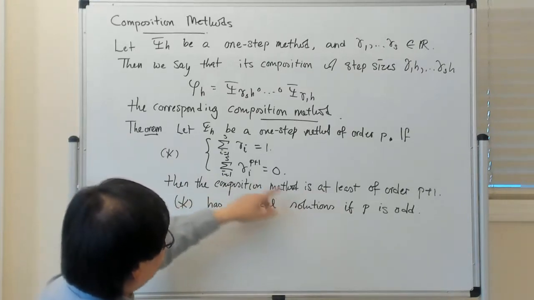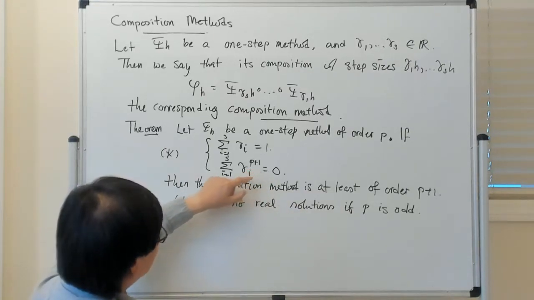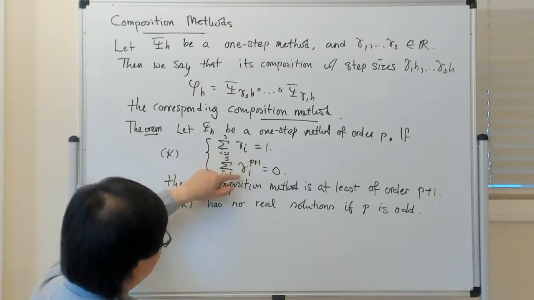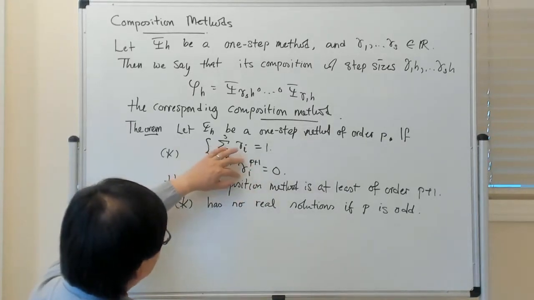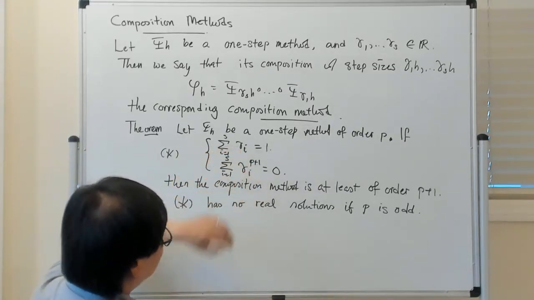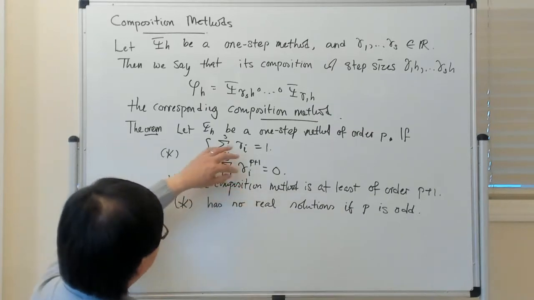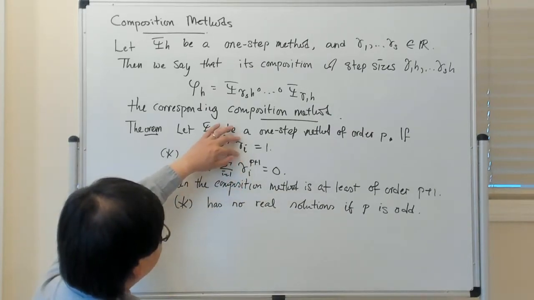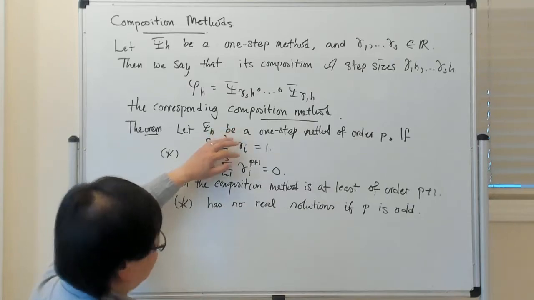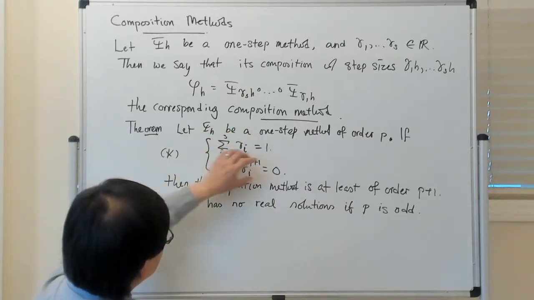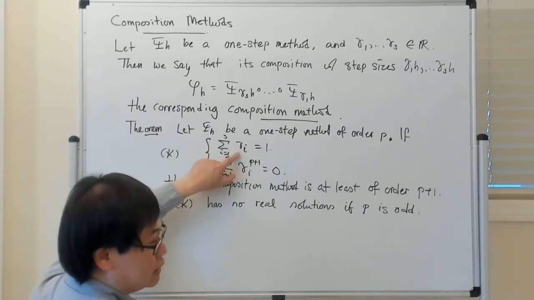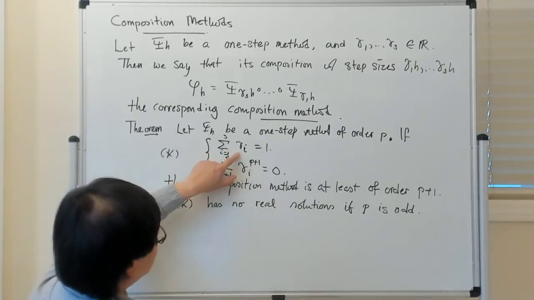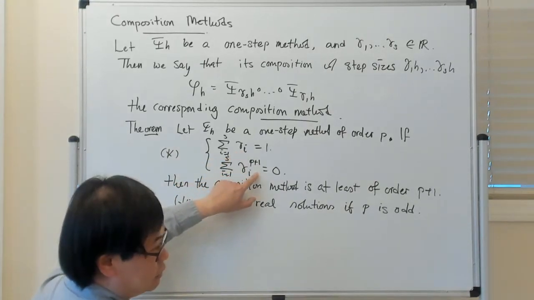If p is odd, then p plus 1 is even, and when you take any real number to an even power, it's going to be non-negative, and it's only 0 if that number is 0. But you've already established from the first condition that at least one of the terms is non-zero. So you can't possibly satisfy the second condition when p is odd.